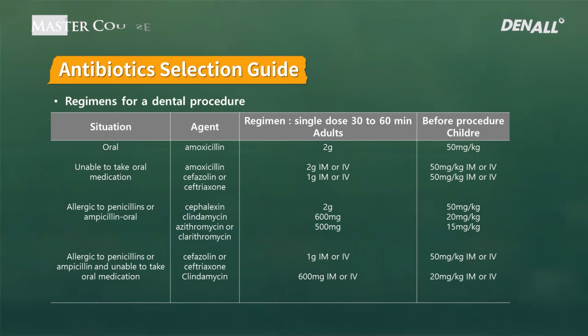How do we need to administer them? Oral amoxicillin 2 grams, that is 4 pills of 500 milligrams, taken 30 to 60 minutes before surgery. For children, 50 milligrams per kg. If oral administration is not possible, amoxicillin 2 grams IM or IV, or 1 gram of cefazolin IM or IV.